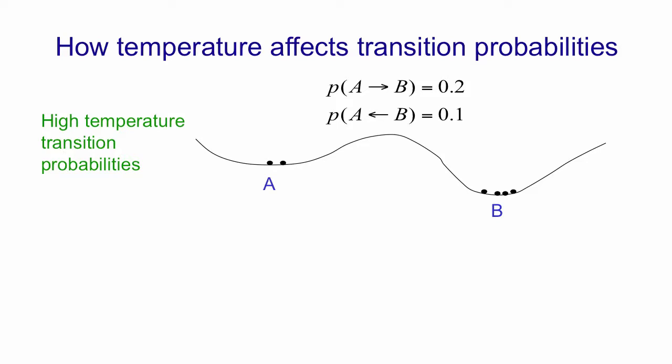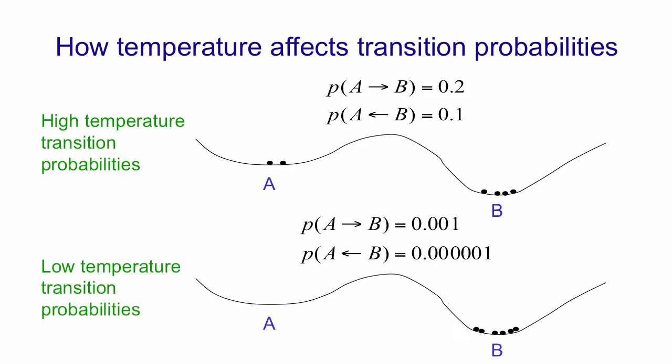In effect, the temperature flattens the energy landscape. And so the little black dots are meant to be particles, moving about according to the transition probabilities that you get with an energy function and a temperature. This might be a typical distribution if you run the system at high temperature, where it's easy to cross barriers, but it's also hard to stay in a deep minimum once you've got there.